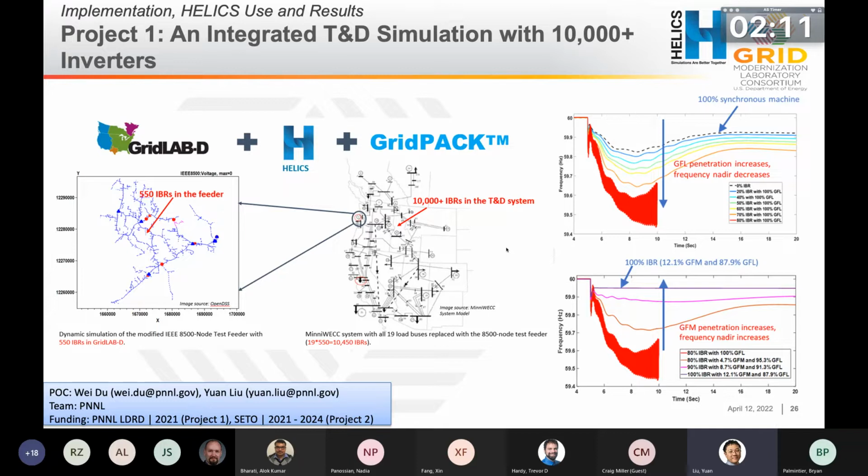But if we increase the grid forming penetration, the frequency nadir becomes better. For example, we can simulate 100% IBR penetration, and if within that 100% we have around 12% grid forming, then we have a pretty good frequency response. This is what we discovered from the co-simulation. And the next slide.